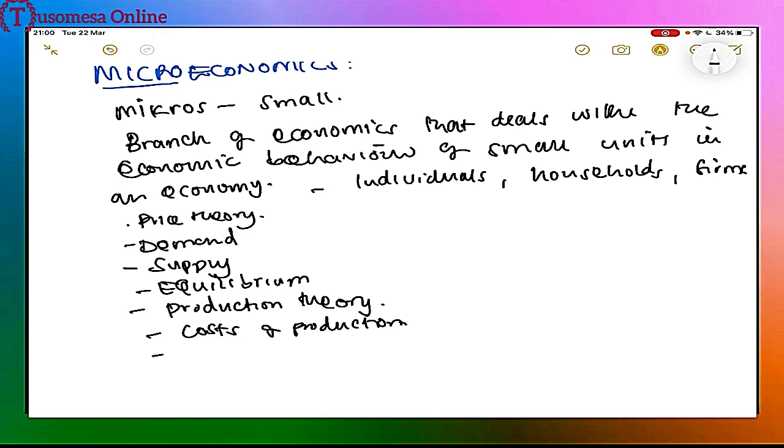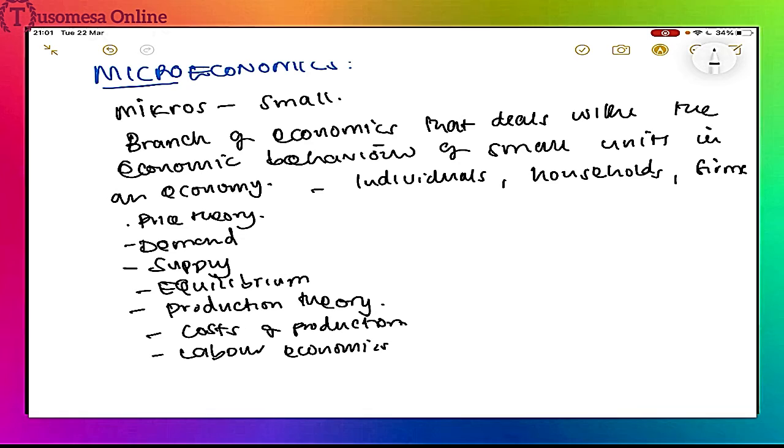So costs of production, we'll look at labor economics. We should also focus on this. All this will be under microeconomics. A good example is when we talk about individual demand and the price of a commodity. So that's microeconomics.